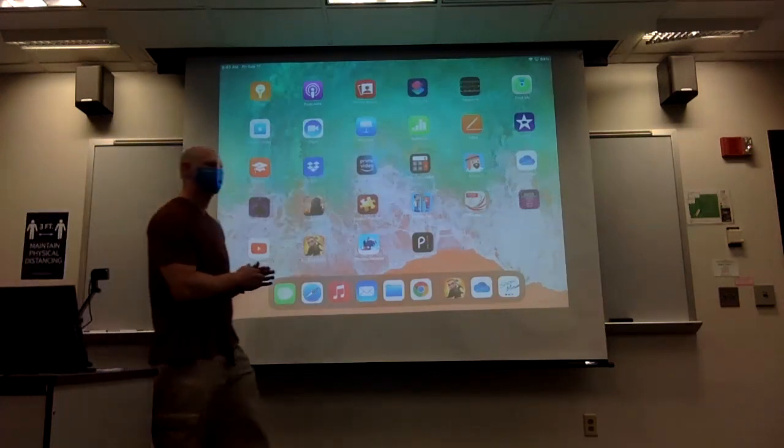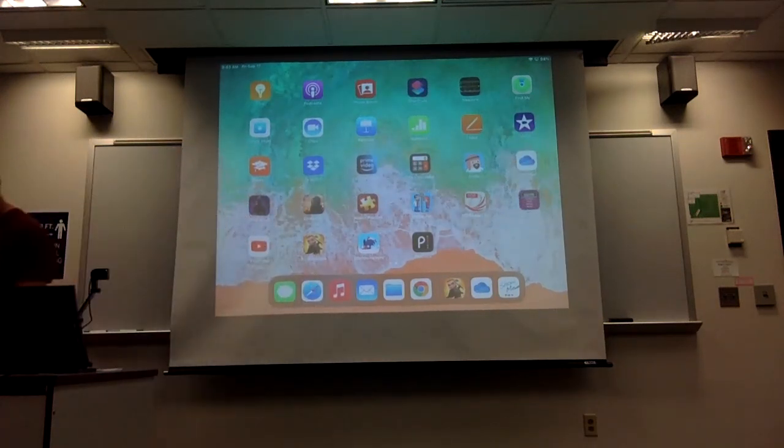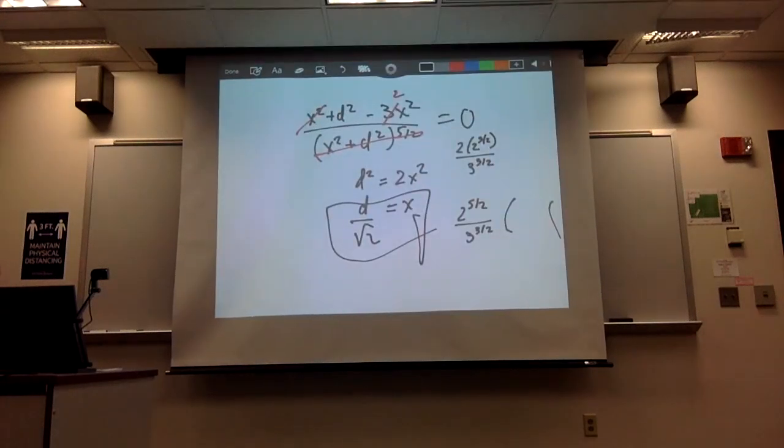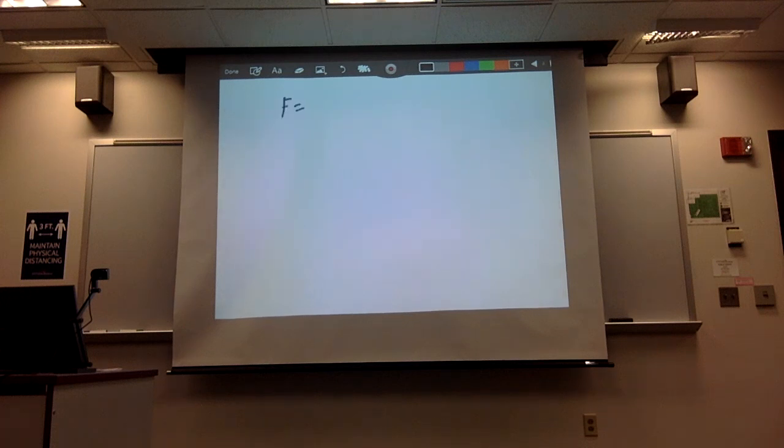Where'd you get that 2 from? The 2 came from the fact that you have twice the size of the force, remember? So if you go back to what you wrote originally, you had that F was equal to 2 times K times Q1, or Q3 actually, times X divided by X squared plus B squared raised to the 3 halves.